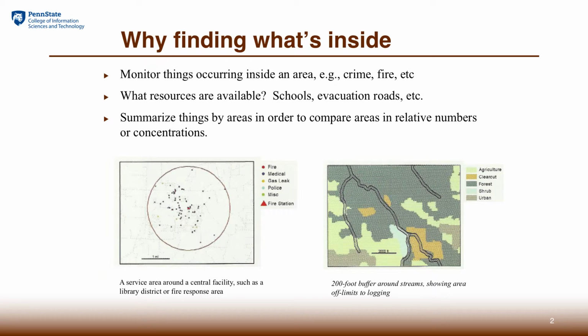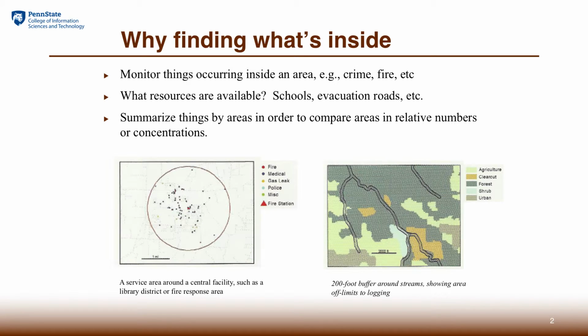And the second case is we want to find out what resources are available for doing activities. So things like schools and roads and shops, all this infrastructure and services becomes useful information. Only the resources within a certain area can be made available to you.